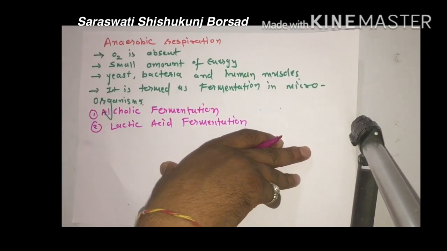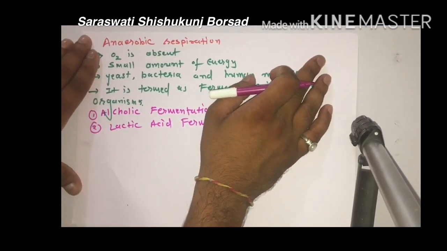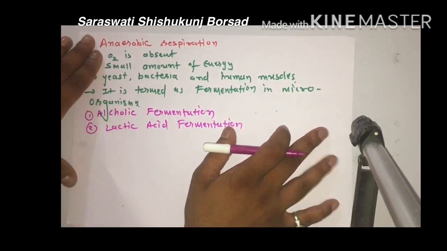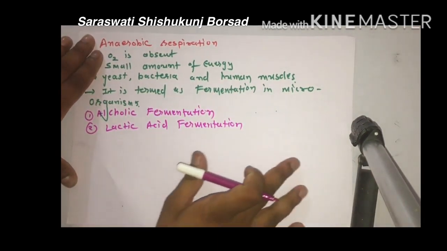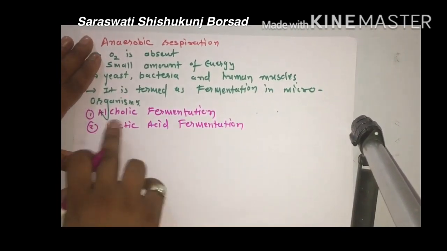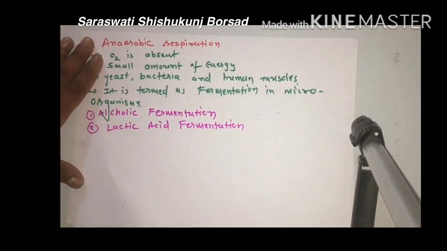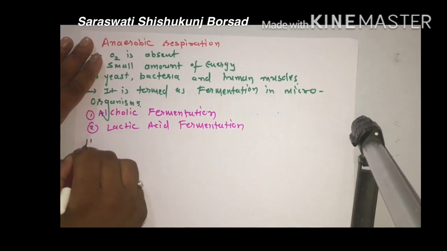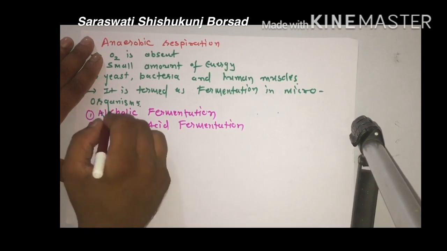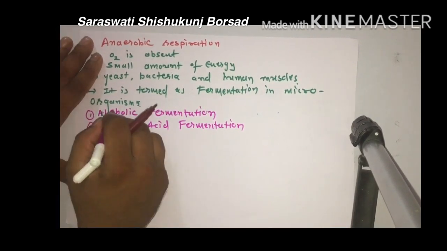In anaerobic respiration there will be absence of oxygen, so a small amount of energy will be released, right? It takes place in yeast, bacteria, and human muscles. It is a fermentation of microorganisms. According to its fermentation property, we can categorize it into two parts: alcoholic fermentation and lactic acid fermentation. Now let's understand first alcoholic fermentation.